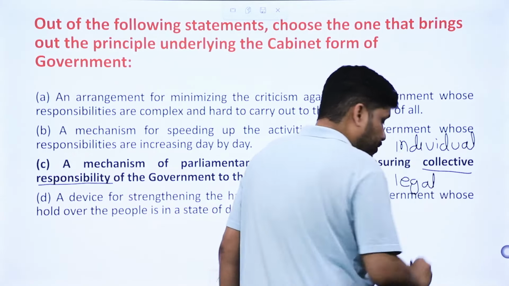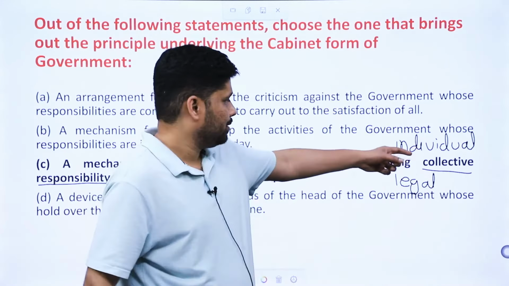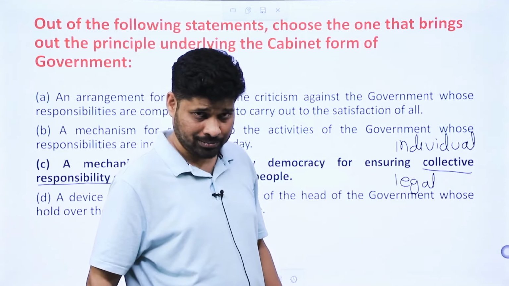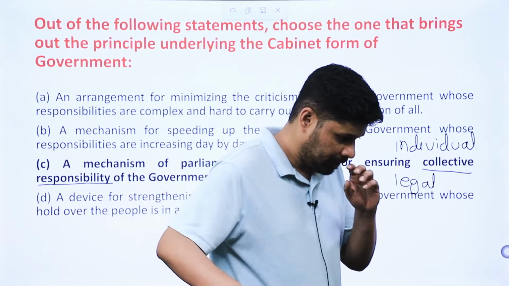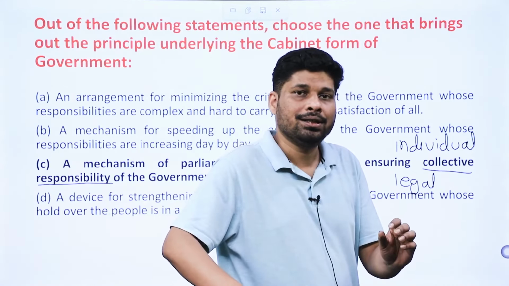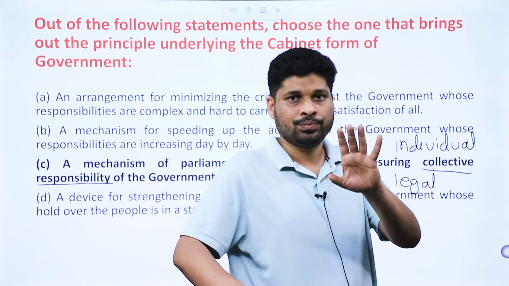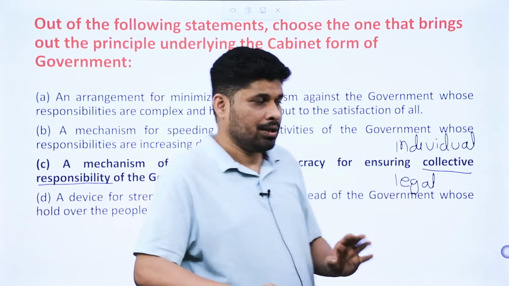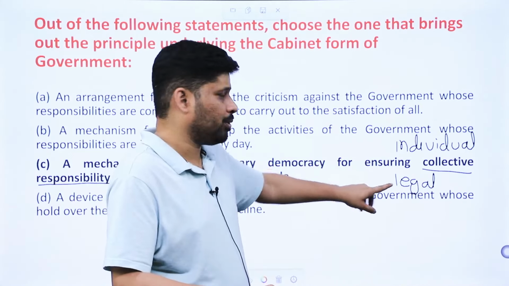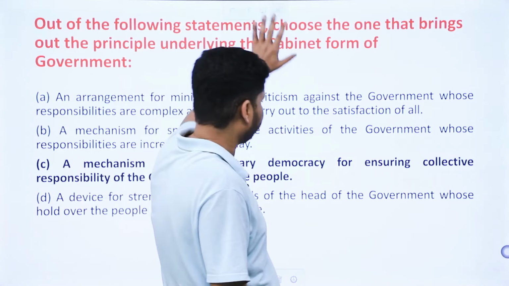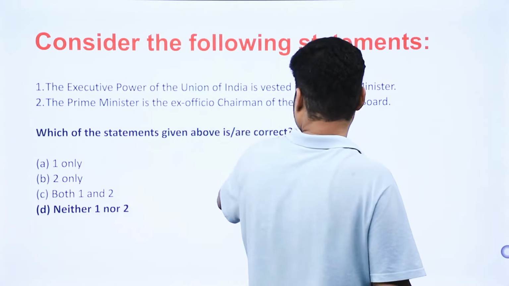And I want you to come and comment with respect to what is individual responsibility and what is legal responsibility. Also comment, is legal responsibility part of cabinet system in India? Alright, that is your homework. Know what is individual responsibility and know what is basically legal responsibility. Chalo. Now let us move on to the next question.